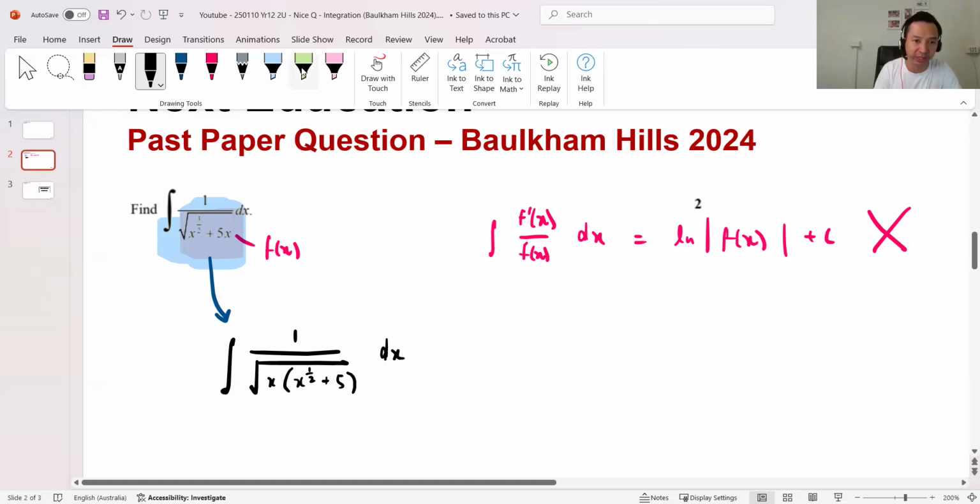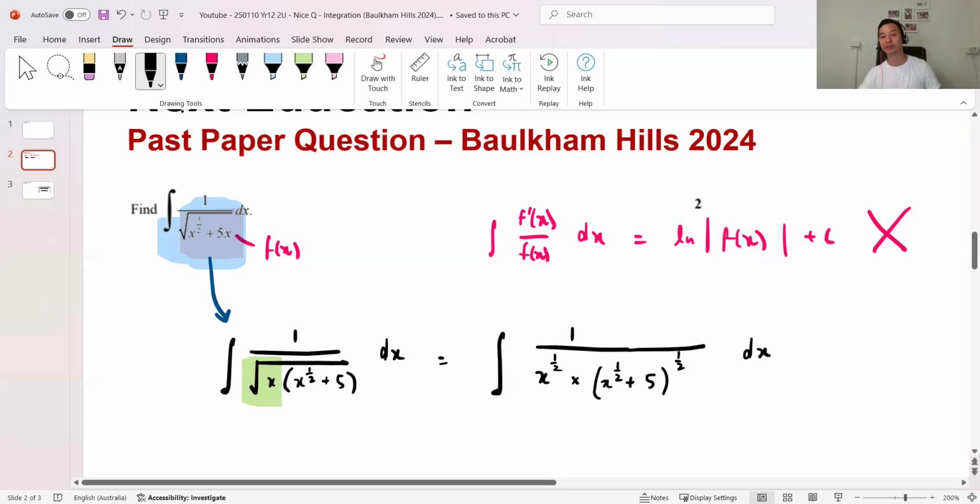I'm going to do 2 things: one, remove the root x outside, and two, replace all the square roots with powers of a half. So I want it to look a little bit like this. Bring that x outside, that becomes square root x on its own, and then that becomes x to the power of a half plus 5, all to the power of a half as well.